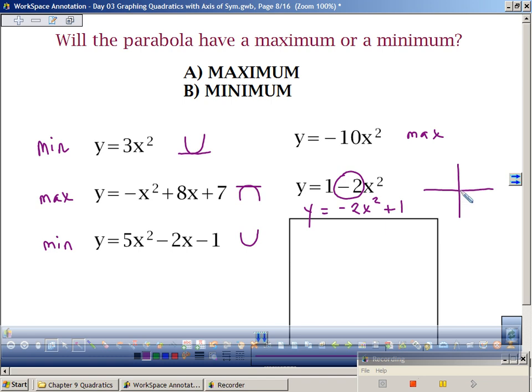Then you plot it one, so it would be shifted up one. And then would it be a skinnier graph than x squared, or a wider graph than x squared? Remember that? We did it for 2 days.